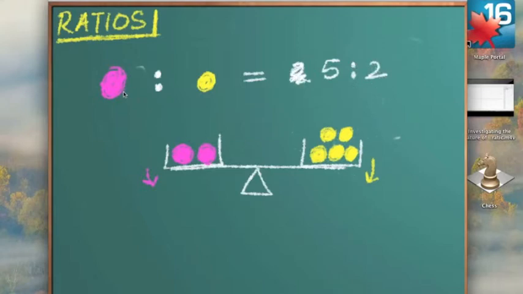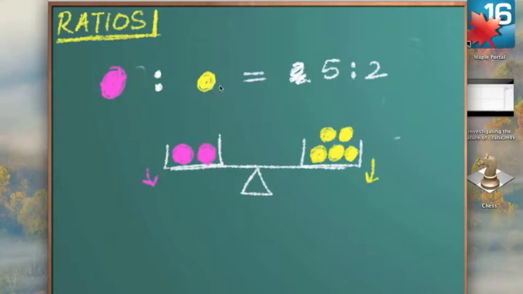The ratio of the mass of the cricket ball to that of the tennis ball is the same as the ratio of 5:2. In other words, there is this idea that the relative size or the comparative size of 5, when we compare the size of 5 with the size of 2 in the natural numbers, it is in a way the same as comparing the weight or the mass of 1 cricket ball and 1 tennis ball.